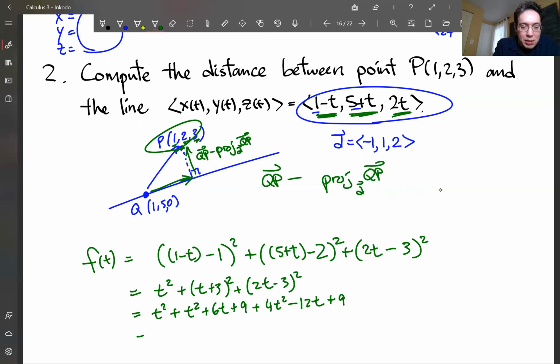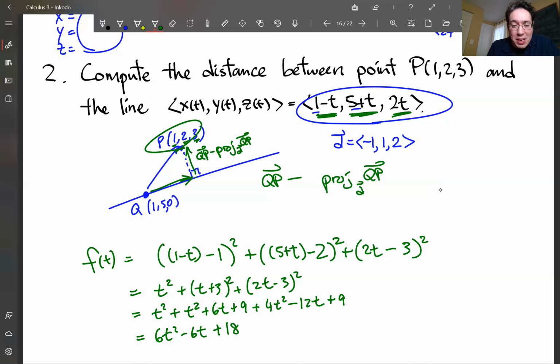Okay. And then collect like terms. Let's see. There's t squared and 4t squared, so that's 6t squared. And then there's 6t minus 12t, so that's negative 6t. And then there's a constant 9 and a 9.